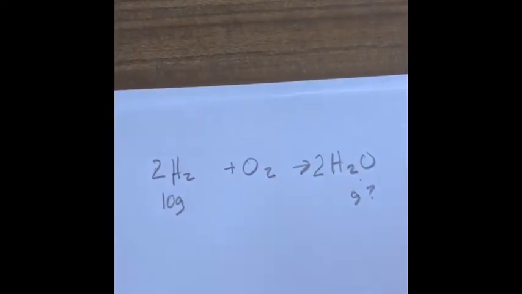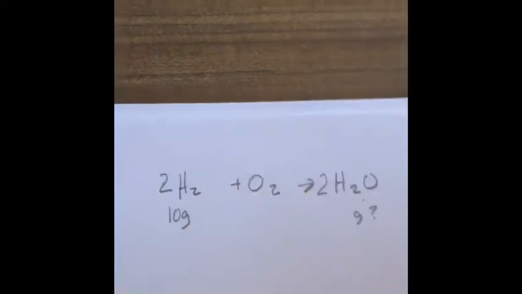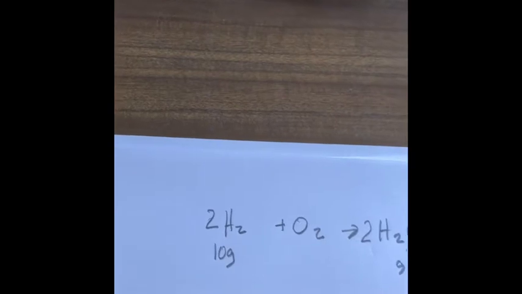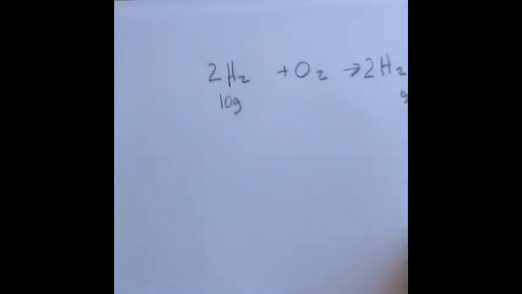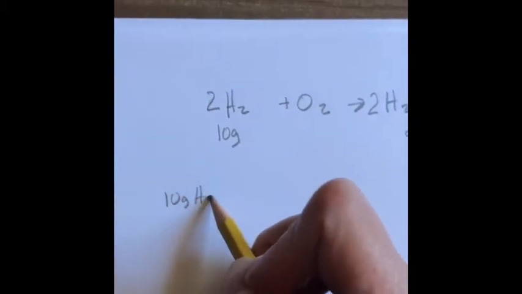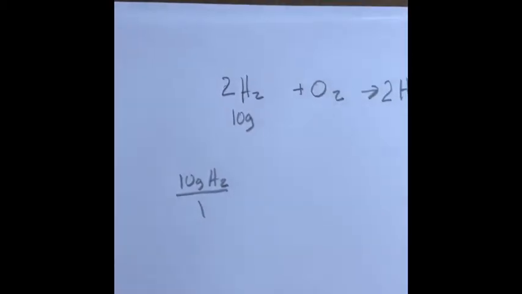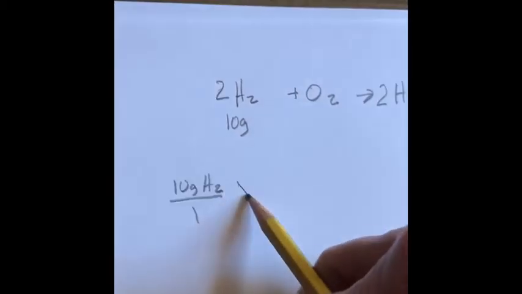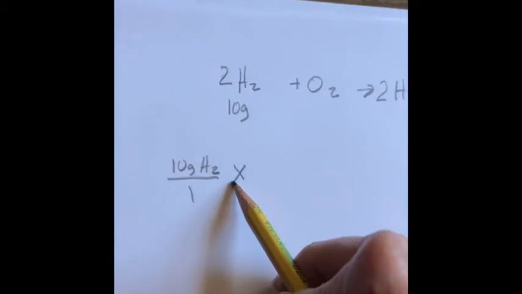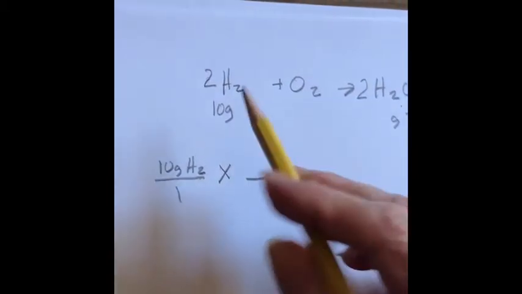So the first thing that you're going to do is you start with what they give you. And they gave you 10 grams of hydrogen. And just make it look like a fraction, it'll just work out better. You're going to multiply that by the molar mass of hydrogen, which is going to go right here.